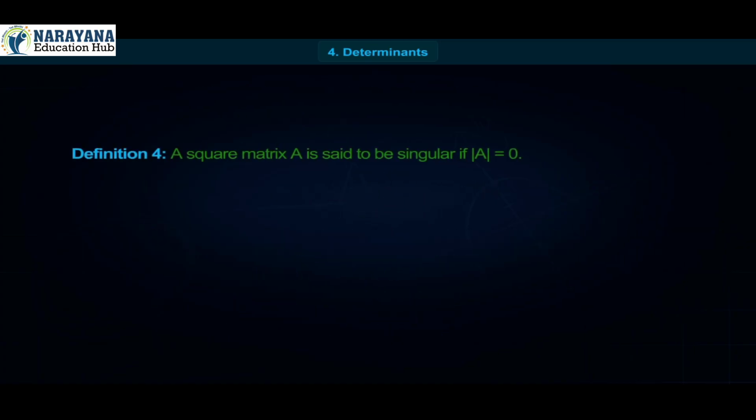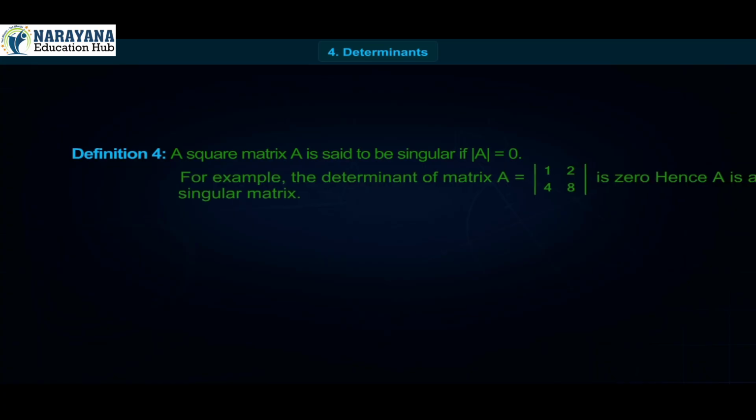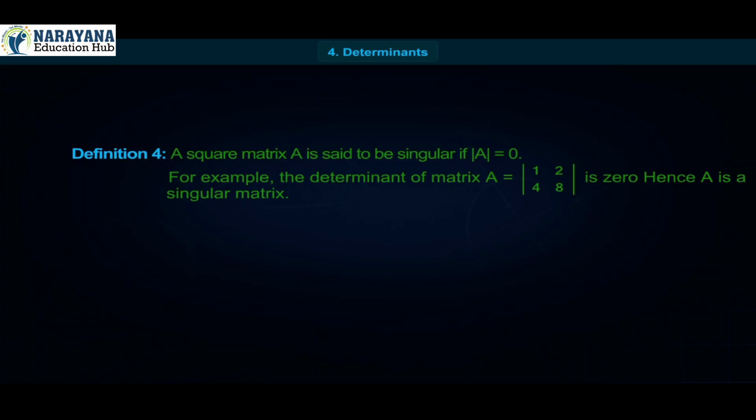Definition 4. A square matrix A is said to be singular if determinant of A is equal to 0. For example, the determinant of the matrix A = [1, 2; 4, 8] is 0. Hence, A is a singular matrix. Definition 5.